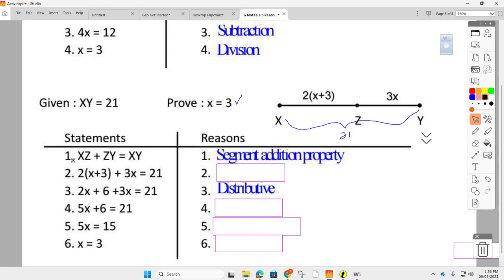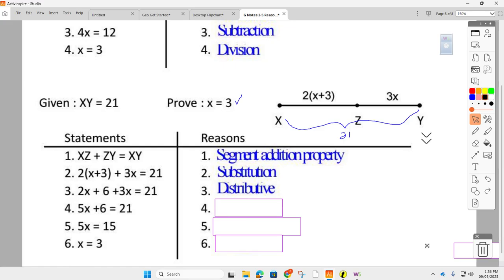Well, here they give us the length of xz as 2 times x plus 3. So we replace the xz, what's it called if you replace something? We substituted this indication of the length of xz with this algebraic expression. We substituted the length of zy with 3x, and then we replaced it with what we knew was the length of xy. So that is a substitution property reason for justification.